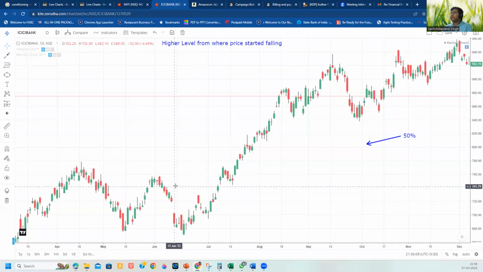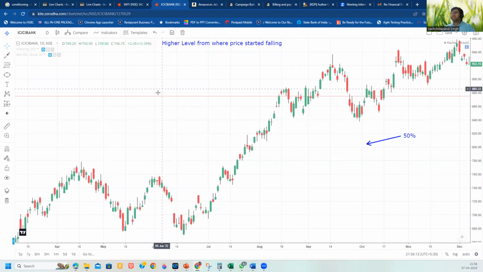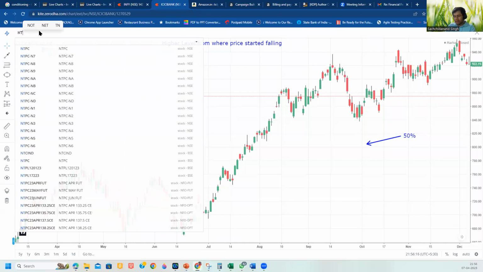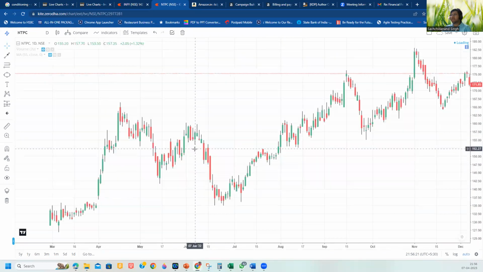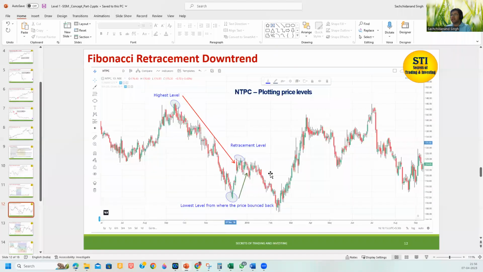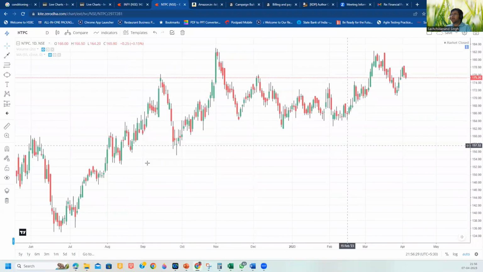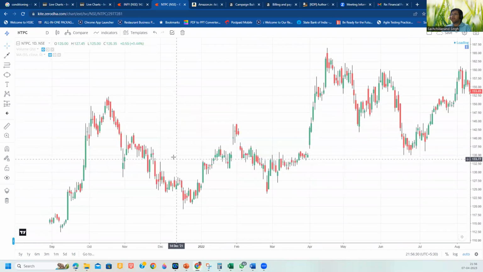So let's see the example of NTPC. Let me first bring up the NTPC chart. I have selected NTPC here and need to find the same example. I hope I should be able to find it.